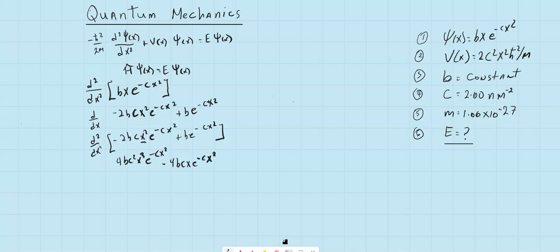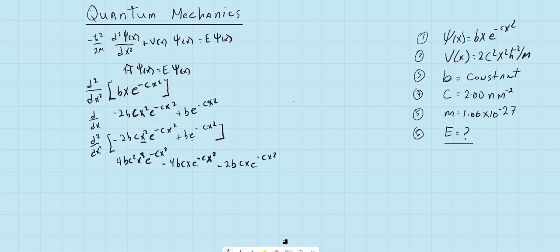And then we're going to take it with respect to this part right here, which is going to be minus 2 b c x e to the negative c x squared. And what we're going to do, we're going to add this right here.